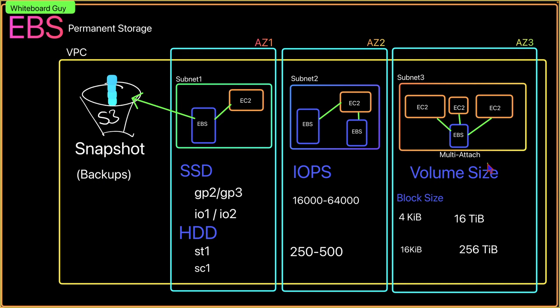And you get two types of Elastic Block Store: SSD drives, solid state drives, GP2, GP3, IO1, IO2, and HDD drives, ST1, SC1. Those are the ones. IOPS per second between 16,000 and 64,000 for your SSD drives, and for your HDD drives, 250 to 500.